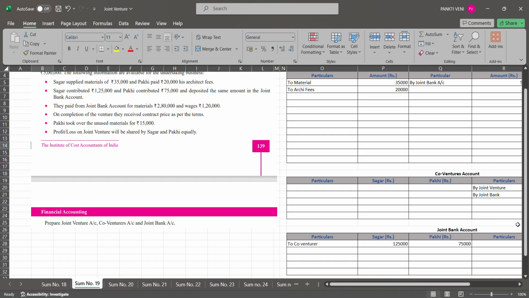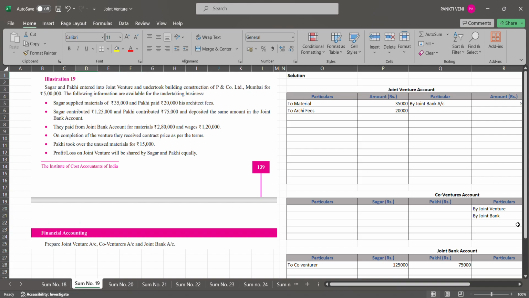So joint venture to joint bank account: material is 2,80,000 and wages is 1,20,000.